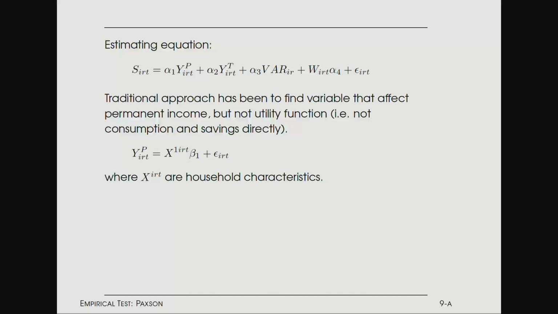Traditionally, what people were thinking about is, let's treat the transitory income as a nuisance because it's noise in the income process. Let's try to predict the part of the income that is permanent and see whether people respond to permanent changes, to things that affect permanent income.